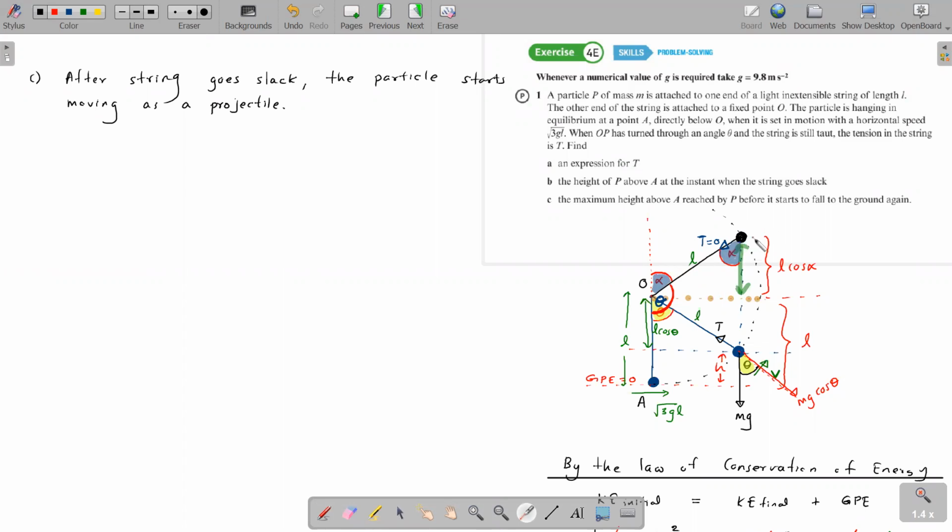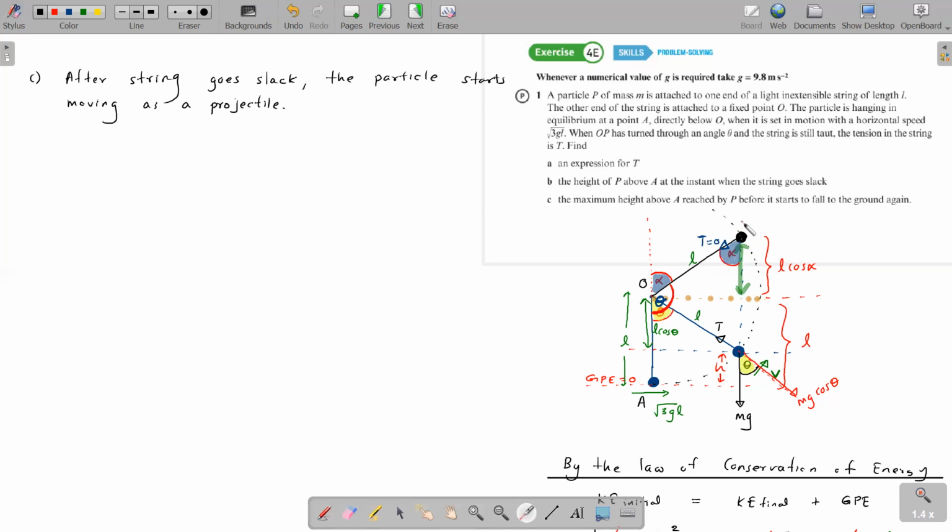It's just that whatever speed you have here is not enough to keep the string taut, because you need to keep the speed above a certain figure to have it taut. But over here, when the string becomes slack, the speed you have here is not enough to keep it taut. So after this point onwards, the string has no part in this, because it completely becomes slack.